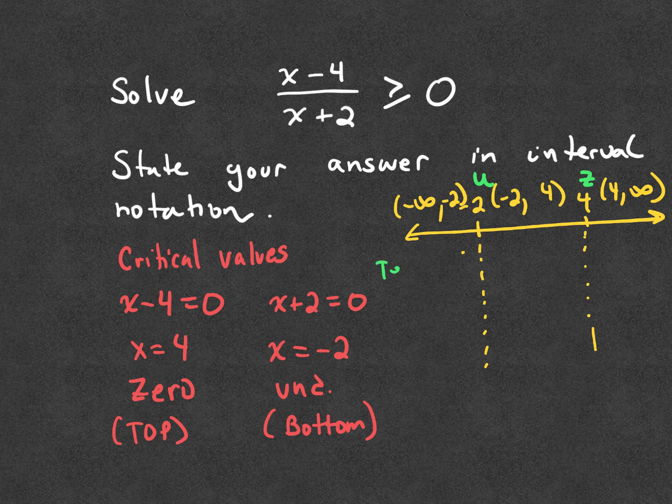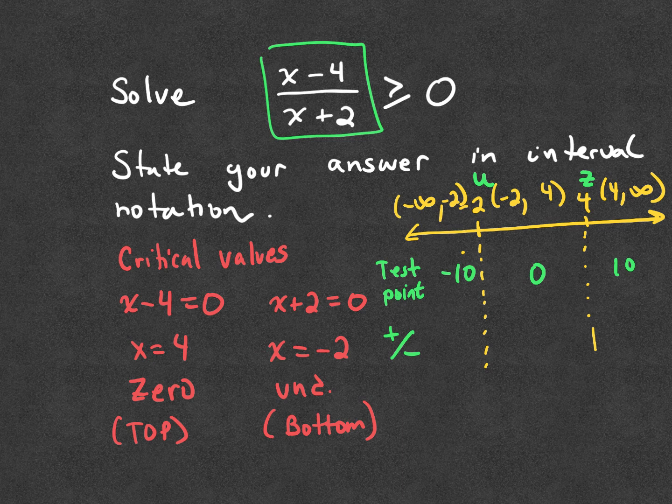So I'm going to pick a test point. So I'm going to pick a number less than -2. How about -10? And then I'll put one between -2 and 4. I'll pick 0. And then one bigger than 4. I'll pick 10. And then we're going to plug it in to see if it's positive or negative. So I'm plugging it into my expression here.